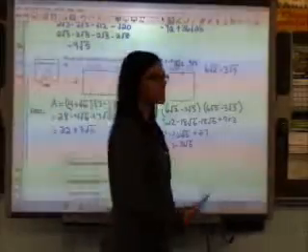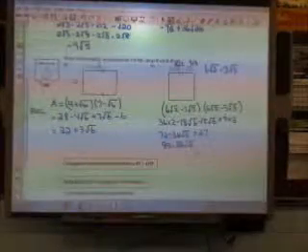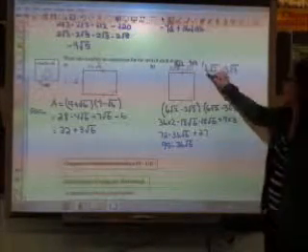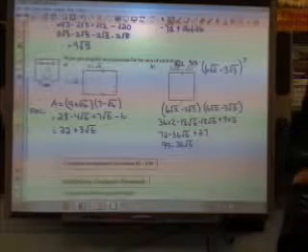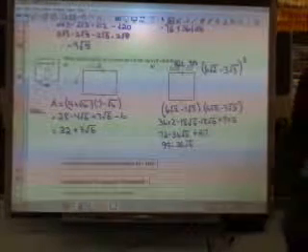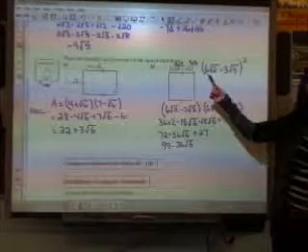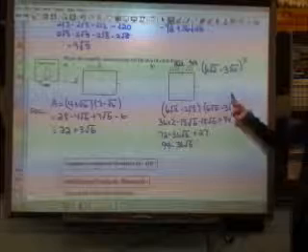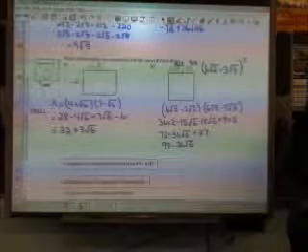Now, the biggest mistake that I see with this type of question goes back to what you guys told me at the beginning. I can take the side length and I can square it. And the most common mistake when we square it: we square the first one and we get that 72 eventually. We square the last one and we eventually get that 27.